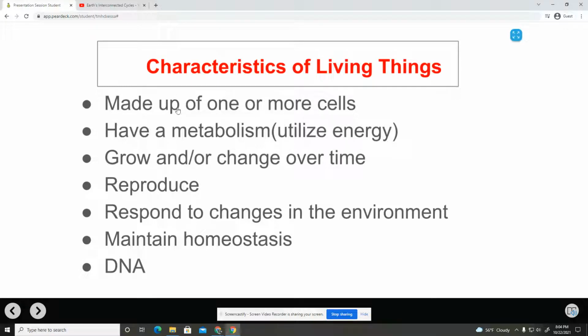So please make sure that you know that in order to be alive, you have to be made up of one cell, have a metabolism, or utilize energy, grow and or change over time, reproduce, respond to changes in the environment. In other words, maintain homeostasis. Right? So if you respond to changes in the environment, that doesn't mean you have to move or react. It just means that if, say, it gets cold, you're able to conserve your resources to maintain homeostasis.